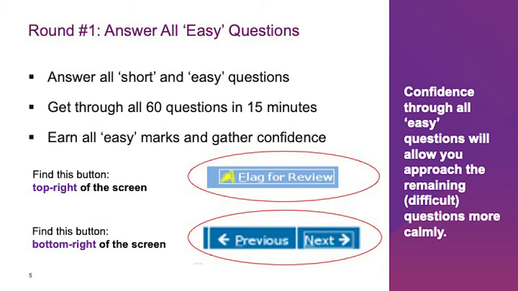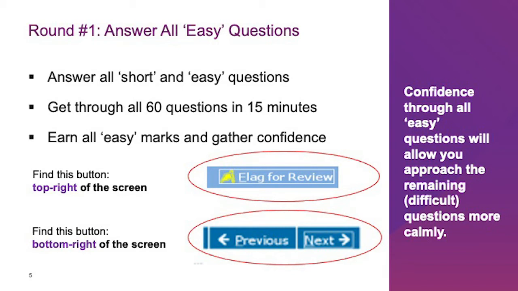Use the flag function for questions where you have worked out an answer, but you would like a second chance to review it if time allows at the end of your exam. You will find the flag for review button in the top right corner of the screen underneath the countdown timer.